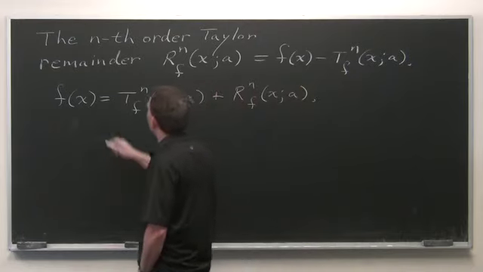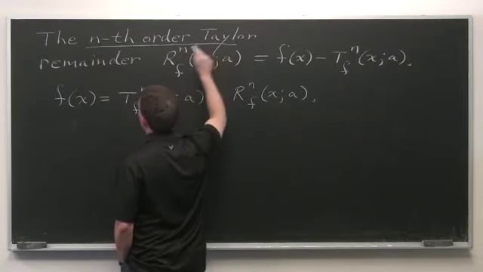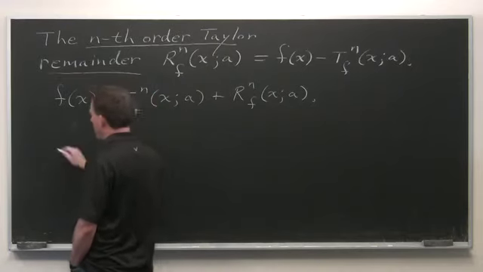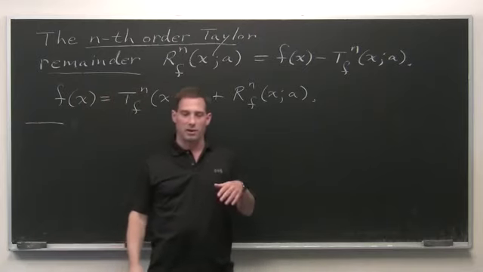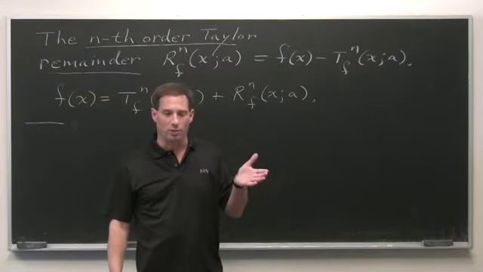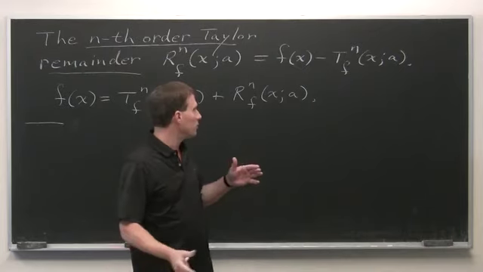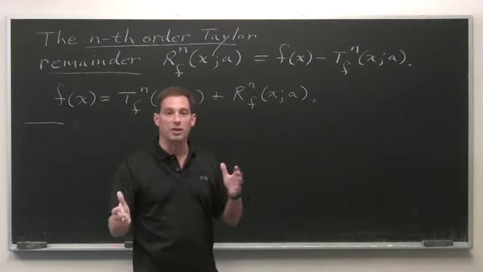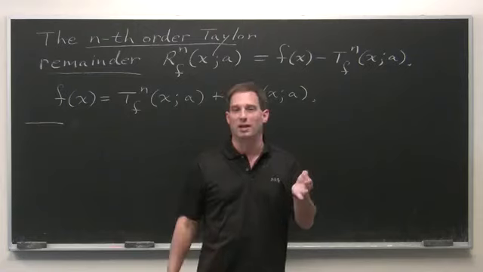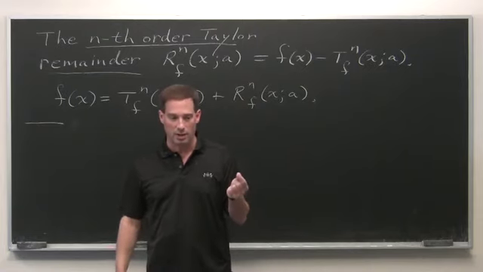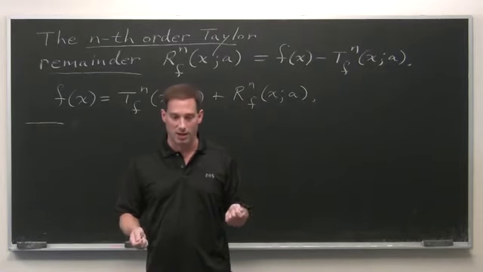Okay. So this is the nth order Taylor remainder. The error, usually if the remainder is like negative 0.1, you'd like to say that the Taylor polynomial approximates it to within plus or minus 0.1. So when we talk about error, we usually mean a positive number, and you're within plus or minus that.